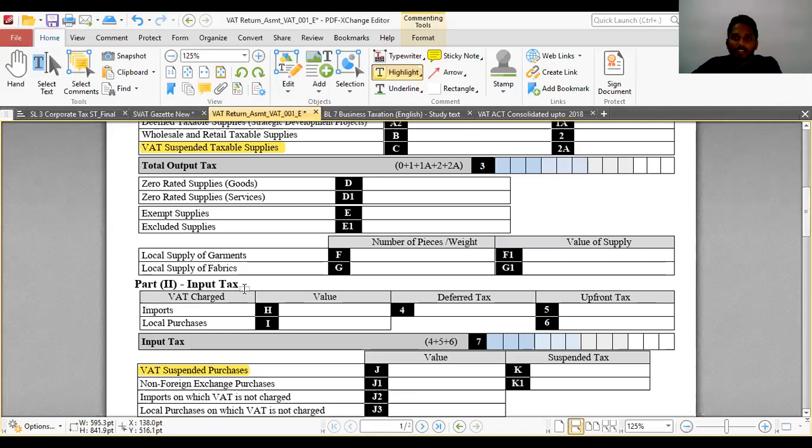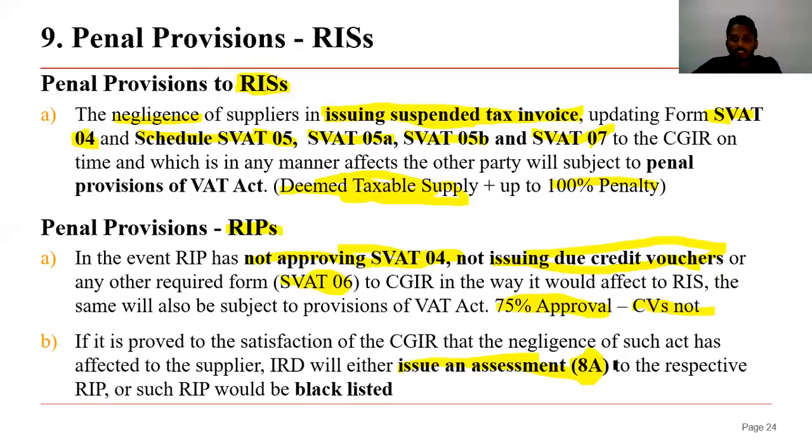Let me share the screen again. Also, if RIP, let's just assume your company is registered for RIP and you are not complying with the SVAT requirement, you are not approving on time, you are not issuing credit vouchers, then the other party can complain to the Commissioner General, and the Commissioner General will blacklist your RIP registration.